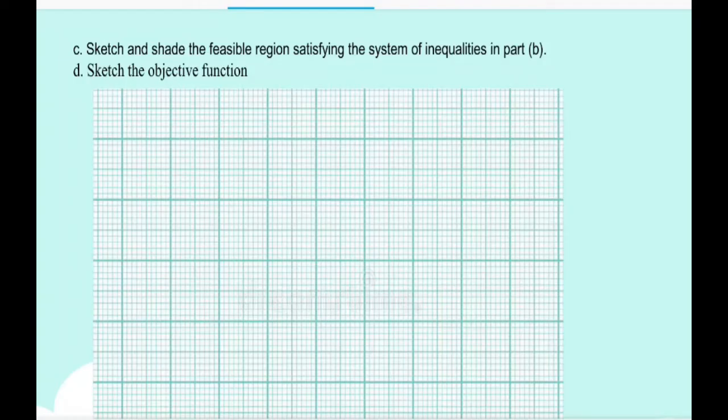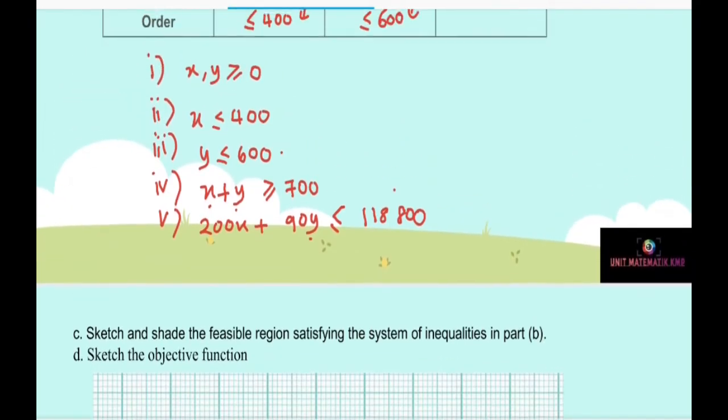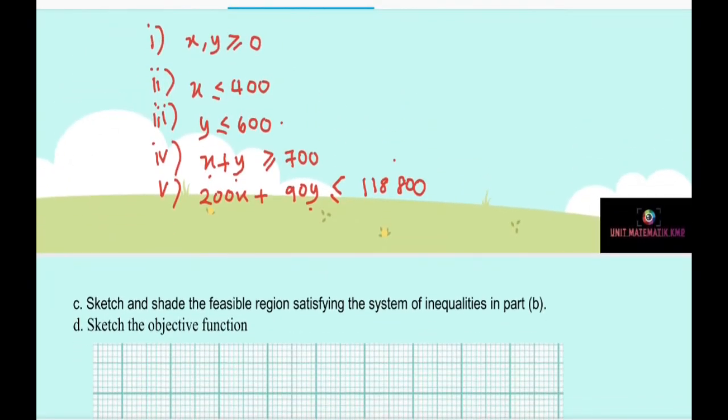To sketch and shade the feasible region satisfying the system of inequalities in part B. After we get all the inequalities, for the inequalities that form an equation, we need to find at least 2 points, because we need to sketch the linear graph.